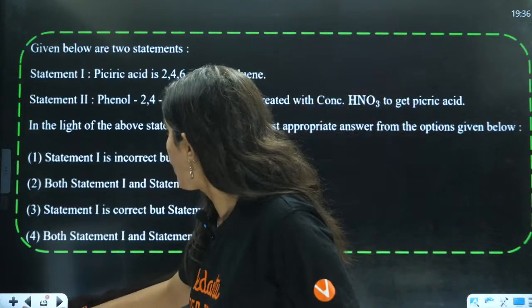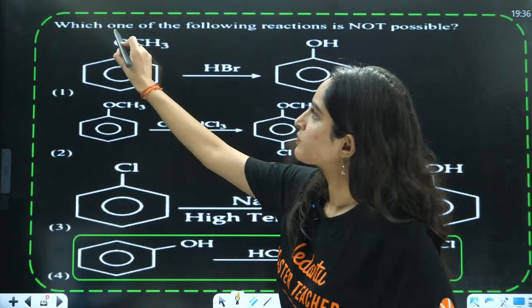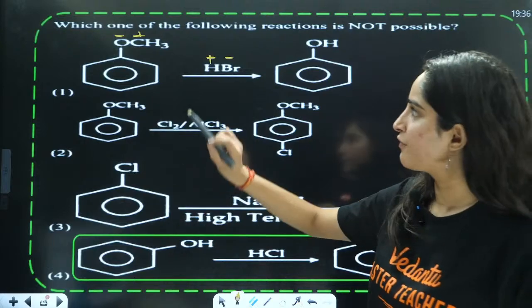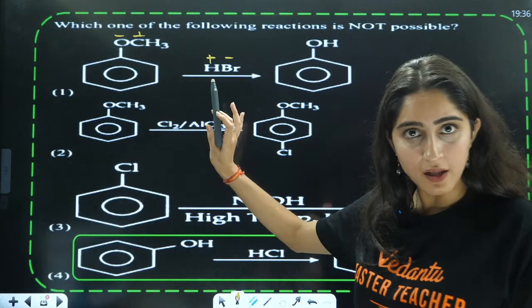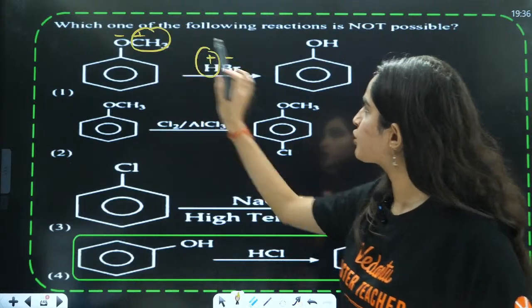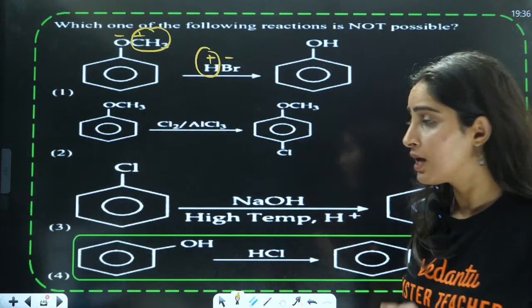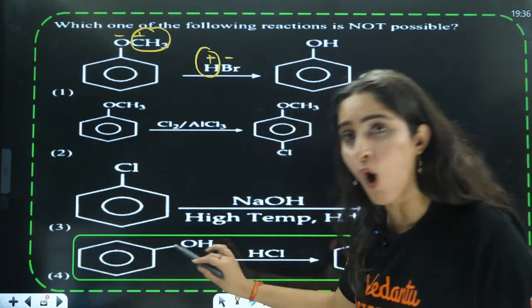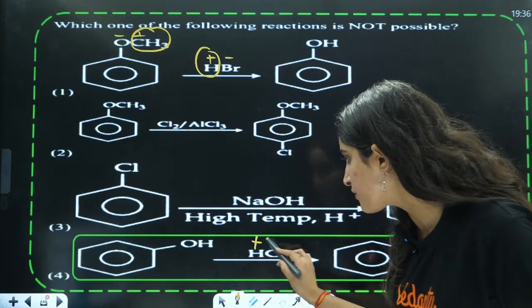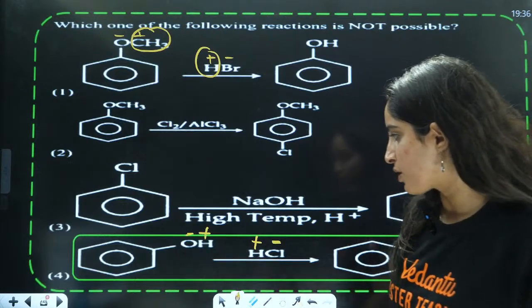Okay. So guys, see. This is O negative, this is CH3 positive, this is H positive, this is Br negative. So this is possible, right? Because the CH3 and H positive can be replaced and it will form phenol here. But when you talk about phenol with HCl, this is H positive, this is Cl negative, this is O negative, this is H positive.